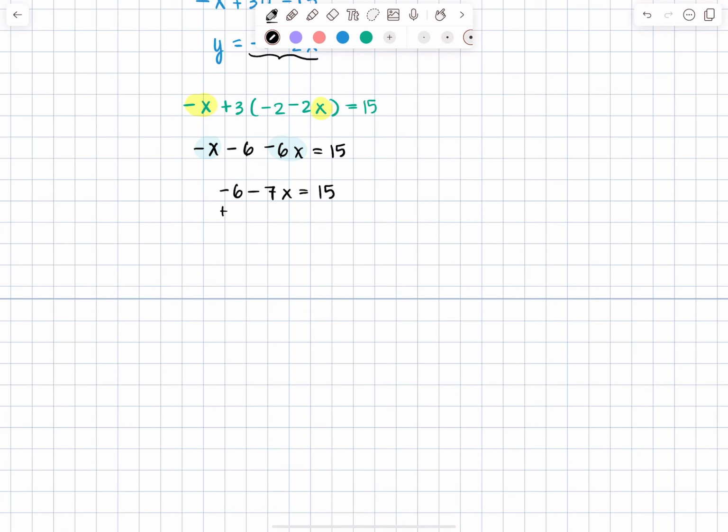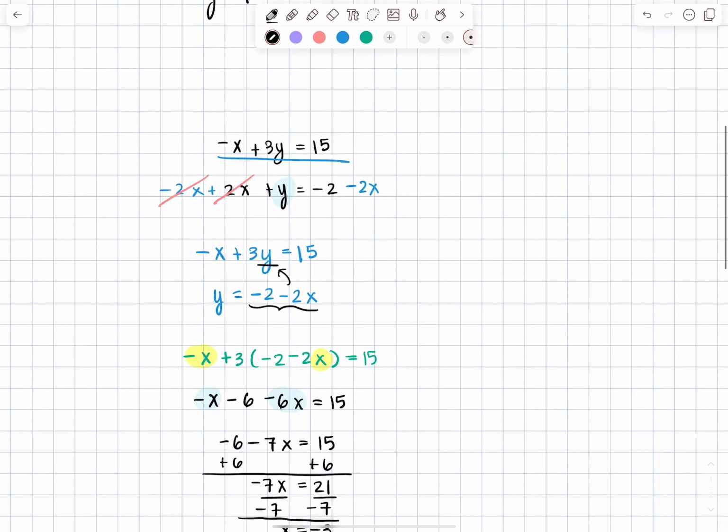So add 6 to both sides. We're going to get 21 equals negative 7x. Divide by 7 on both sides. And we get that x equals negative 3.